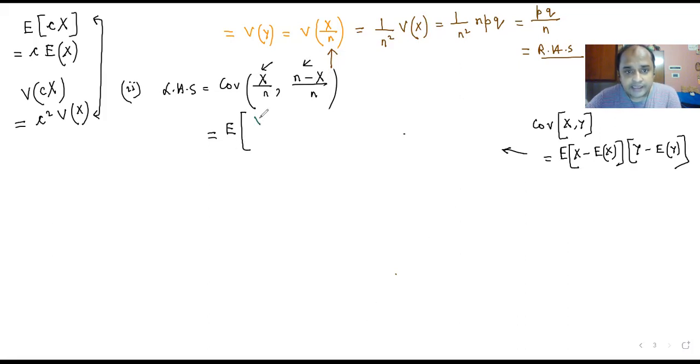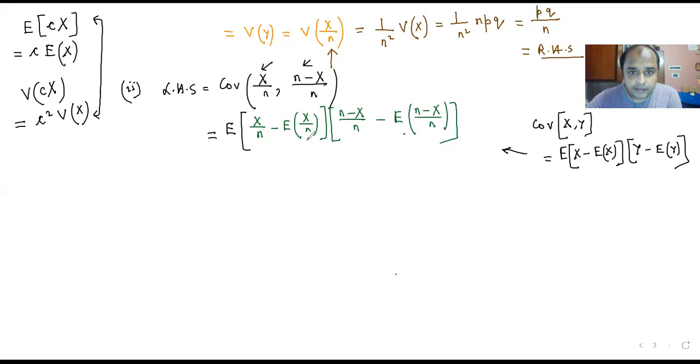We can write it as x by n minus expectation of x by n, and here we write n minus x by n minus expectation of n minus x by n. See that this is playing the role of y, and this is playing the role of x.